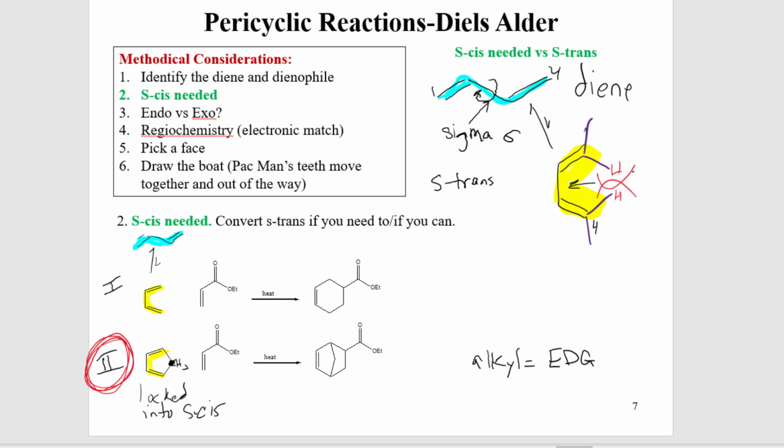In both cases, you're using the same dienophile, which is withdrawing, but you don't have a donating group in reaction 1. So reaction 2 is going to be the winner effectively. You could actually run this reaction in lab within the 3-hour time frame given, because you've got it locked into S-cis and you have, albeit weak, a donating group off of your diene.